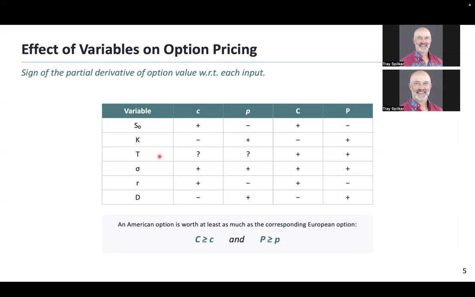The time to maturity is unambiguous for an American style option because more time to maturity can never hurt the value. For a European style call or put option, the sign is ambiguous because extending the time to maturity can mean potentially an extra dividend payment that falls within the life of the option, which would depress the underlying asset value, right?